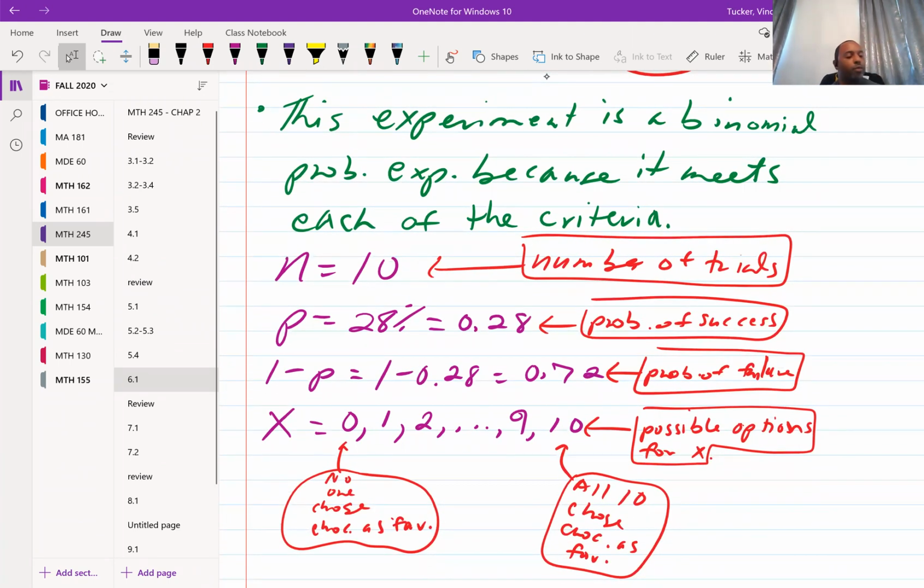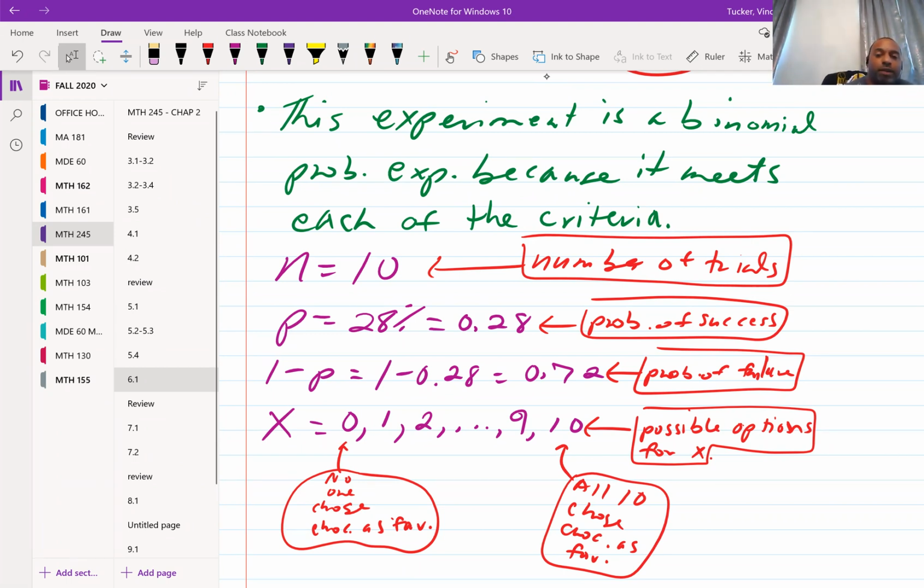And then remember, if we found out that it was a binomial experiment, then we go ahead and label all of our pieces of information. So N is going to be 10. That's the number of trials. 28% is the probability of success, so it's 0.28. Then subtract that from 1, that's 0.72.